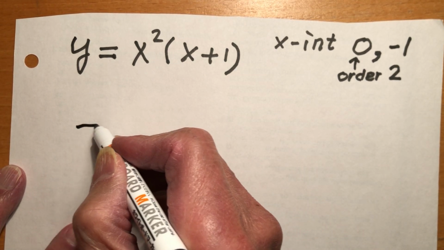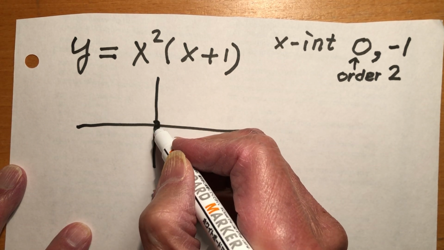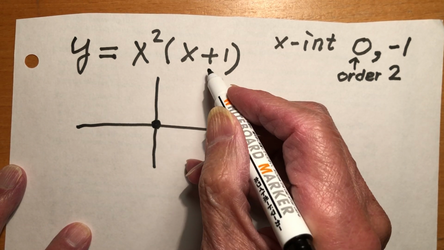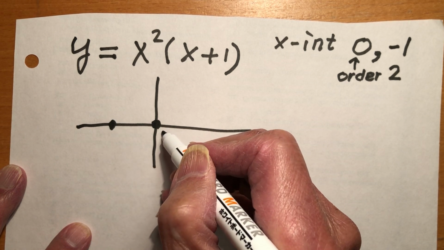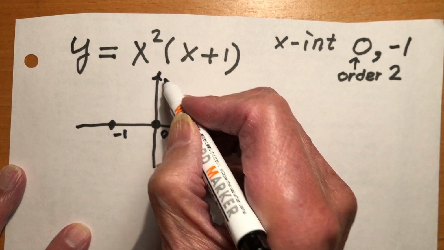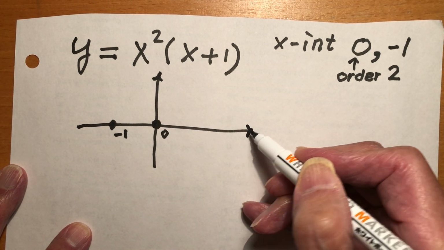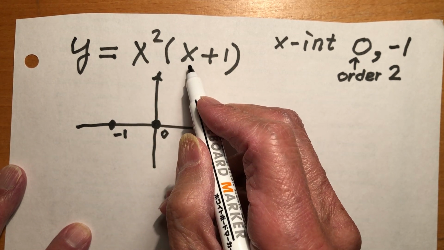So the graph, I have 0 intercept, -1, 0 here, -1 here. X squared times x is x cubed.